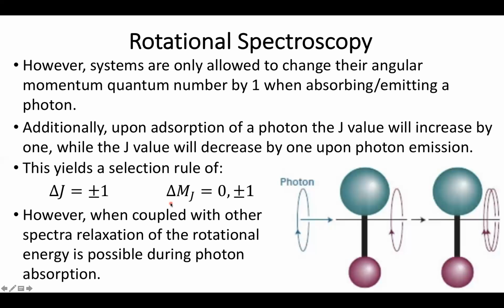However, you can actually couple rotational spectroscopy to electronic excitations or vibrational excitations. And when this happens, it's possible for, say, a photon absorption to actually cause a decrease in the angular quantum number. We'll talk about this in much more detail in 2 lectures.